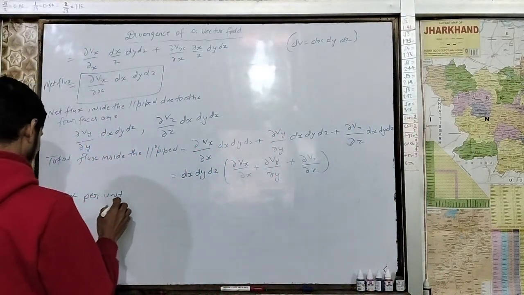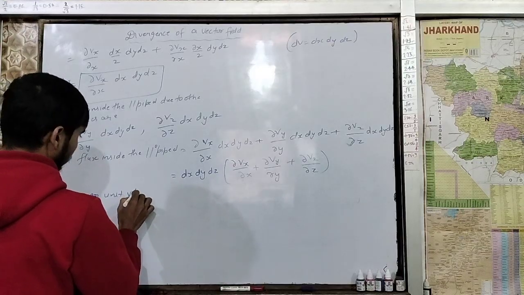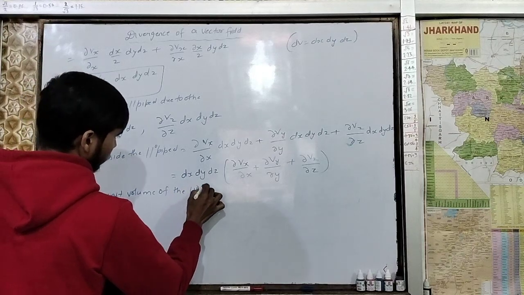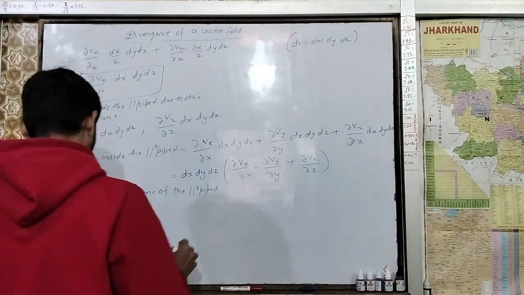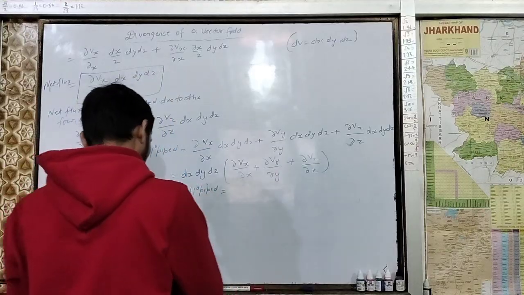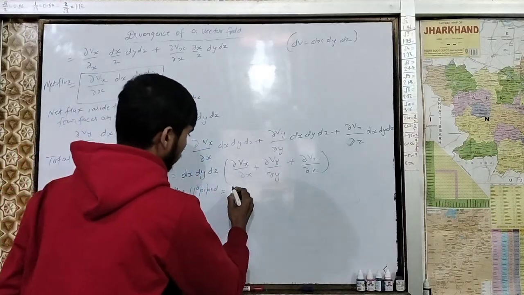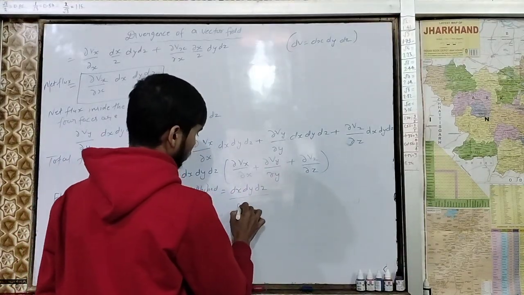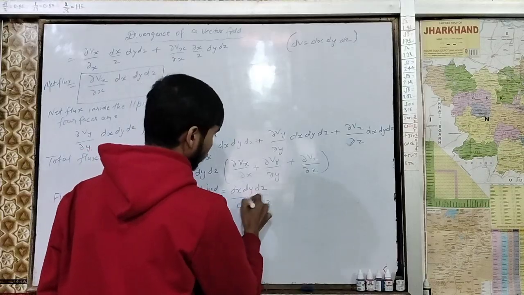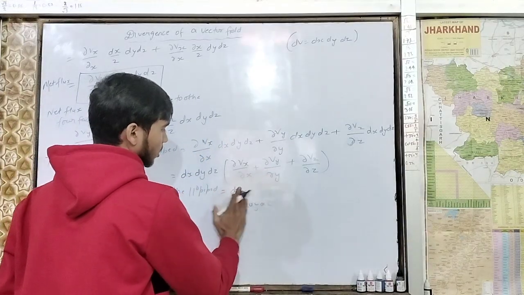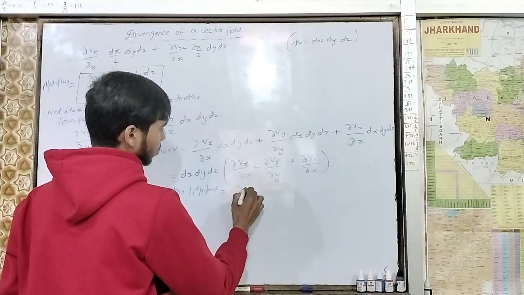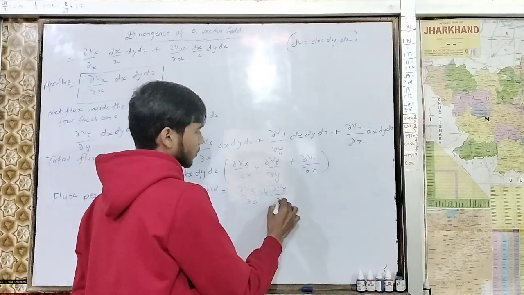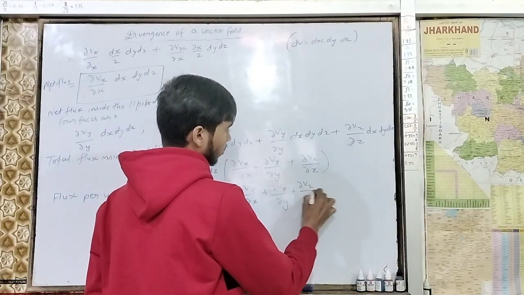The dx dy dz cancel each other and we get only ∂vx/∂x plus ∂vy/∂y plus ∂vz/∂z.